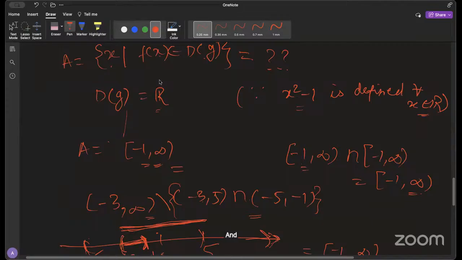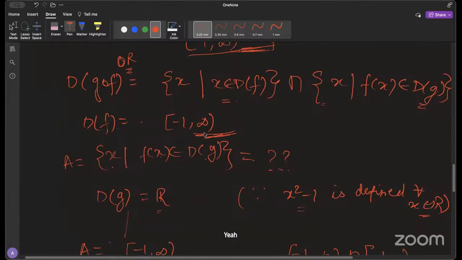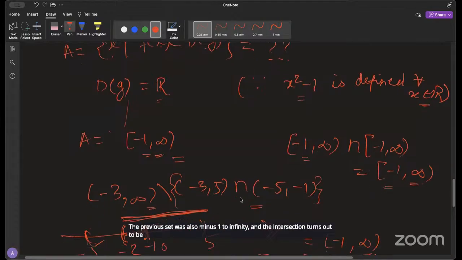And we've already seen where fx is defined. This gives us minus 1 to infinity. So A set is minus 1 to infinity. The previous set was also minus 1 to infinity, and the intersection turns out to be minus 1 to infinity.